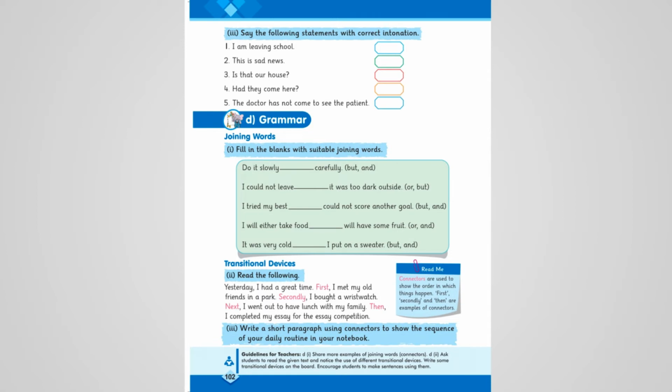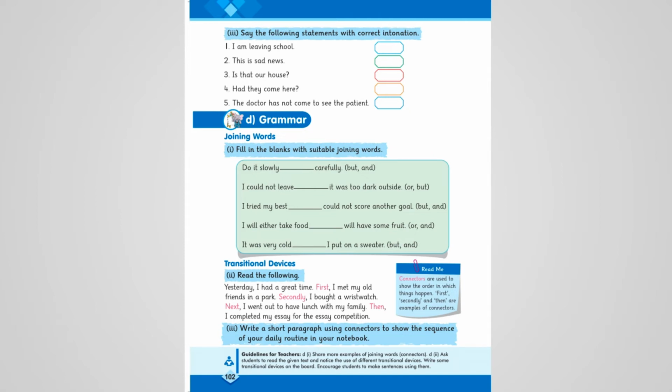For example, first, secondly, then, next, after. So students, these are the transitional words that we use in making a connection between the sentences and to give more meaning to the context. So these are the transitional devices.